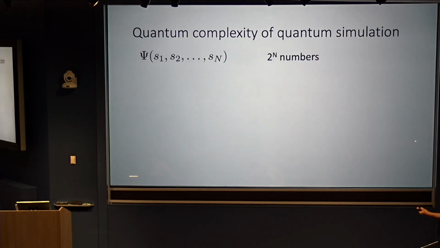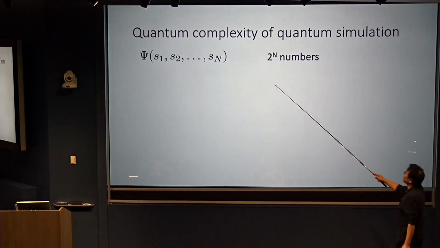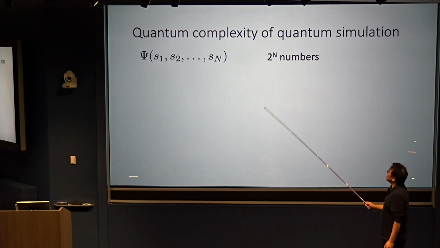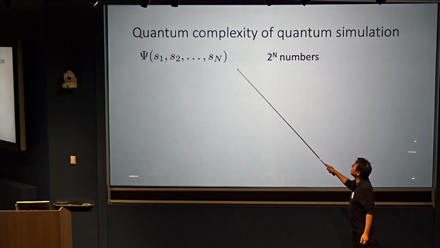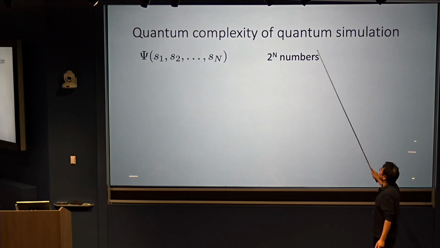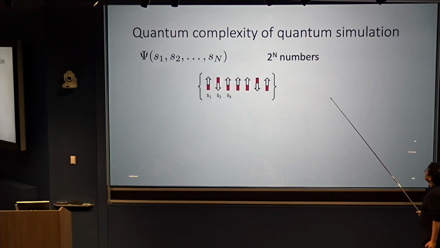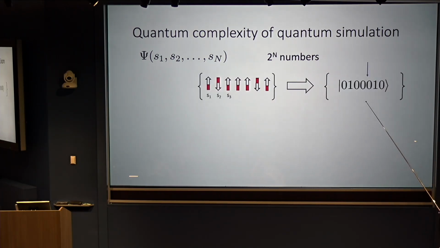Now you can see that they might be interesting devices if we again just think about the complexity of doing things. If we think about the basic task of quantum simulation as first storing the wave function, then manipulating it, well, if we're going to store the wave function of some physical system, which is an exponential set of numbers, inside the quantum computer, we can actually store it directly inside the wave function of the quantum computer itself, which also can encode an exponential set of possibilities.